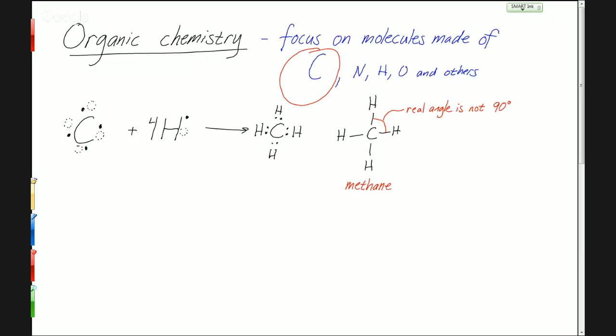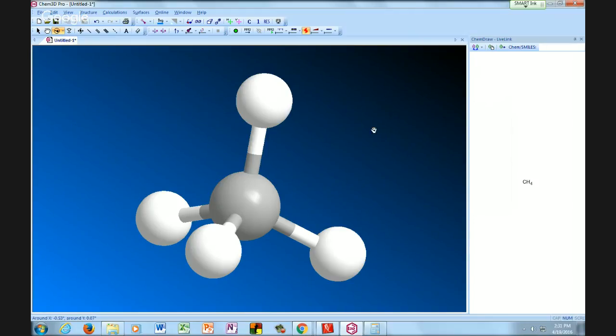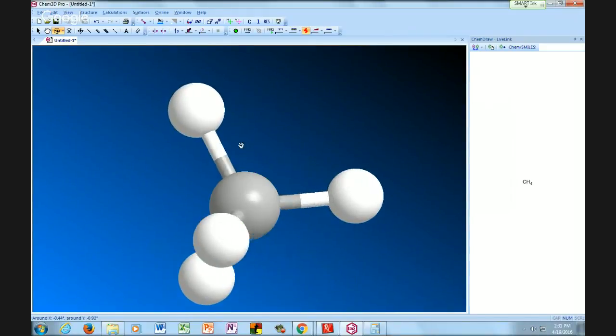A better way is to think about what this thing would really look like in space and see if we can draw it that way. So I could have brought some models down, but I decided to just do it on the computer today. I've got a methane model on the computer here. This is what the methane molecule looks like.